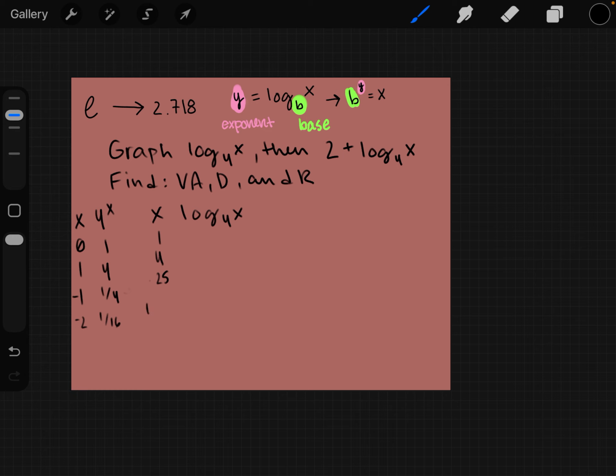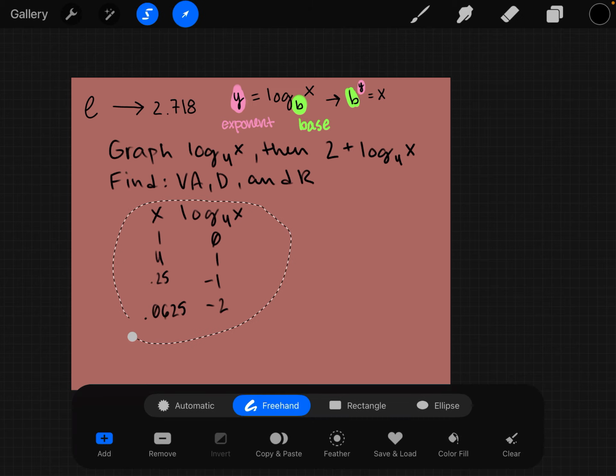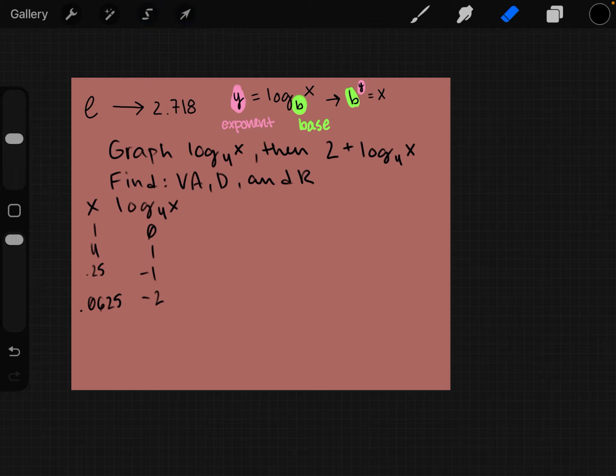Okay, and then for log, one over 16. And then they want us to go 2 units up.